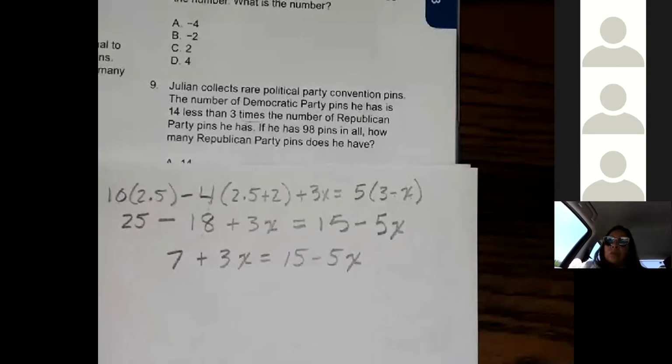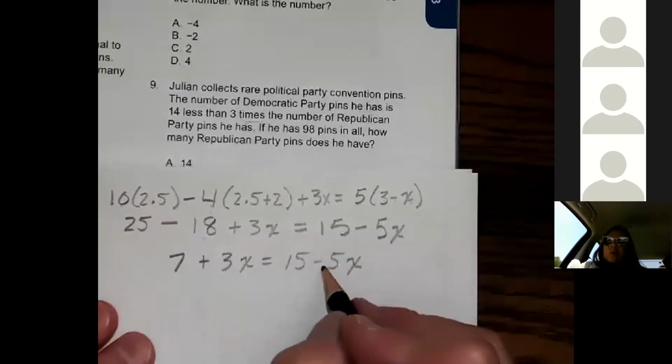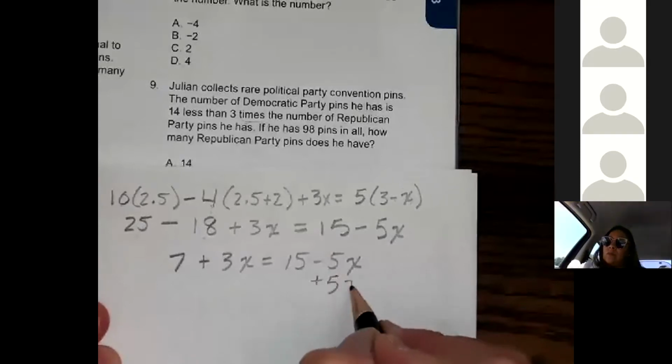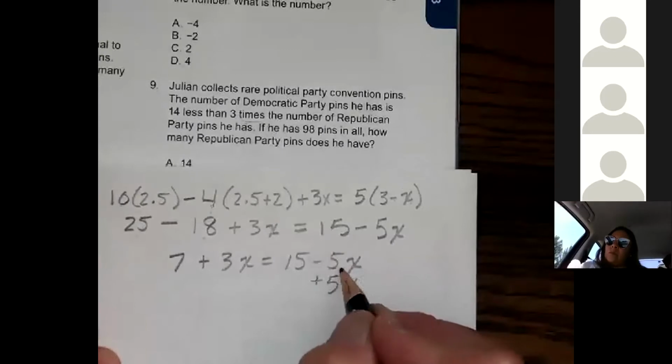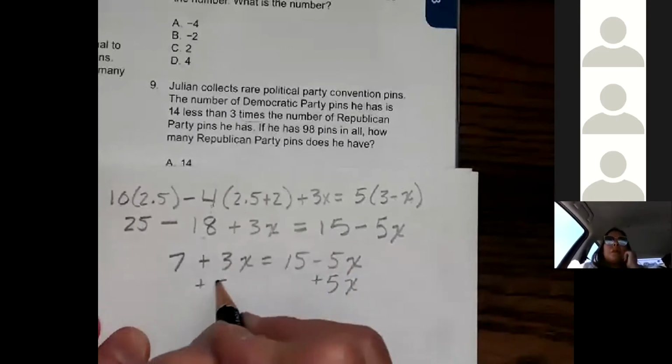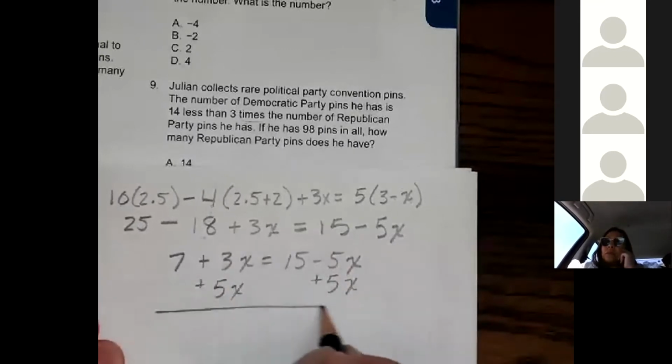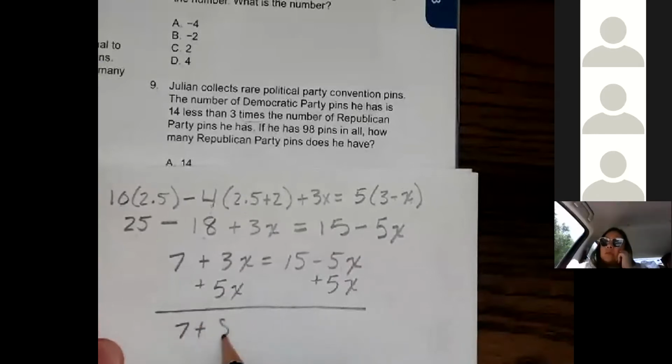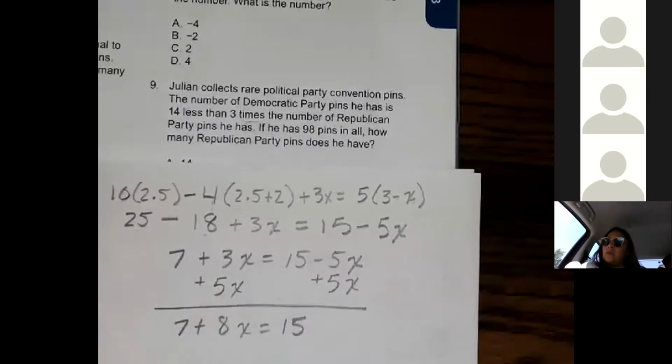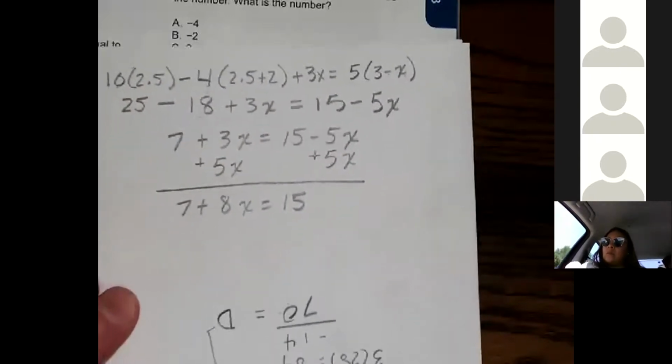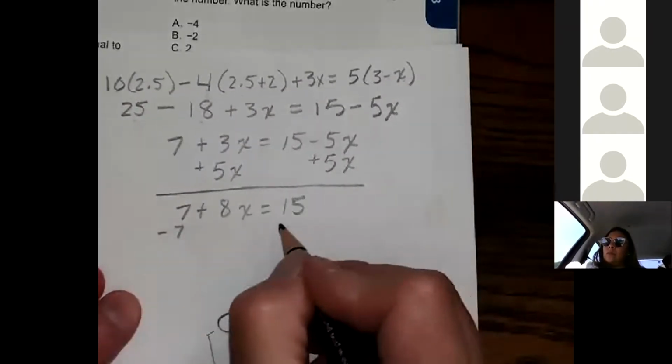Since I don't like negative numbers, I feel like adding 5x, that gets rid of that subtract 5x. It's looking better and better. Maybe subtract 7.